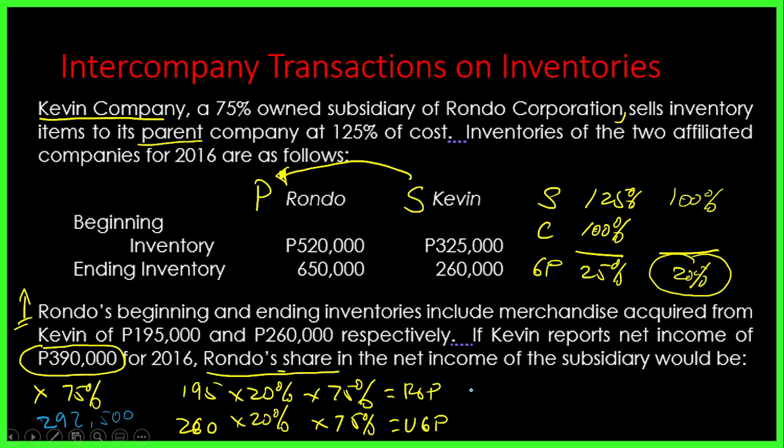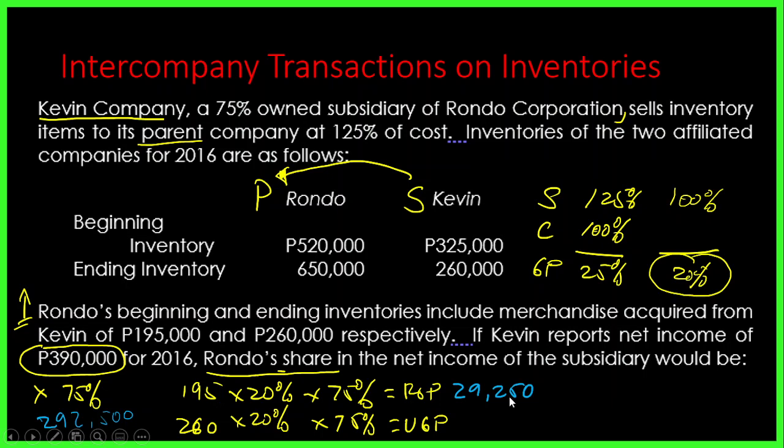Ito naman, you have 195,000 times 20% times 0.75 equals, sana sinasabayan nyo ako mag-compute, no? I suggest you pause the video, you try to compute muna, and then tingnan natin kung pareho tayo ng sagot. Ayan.